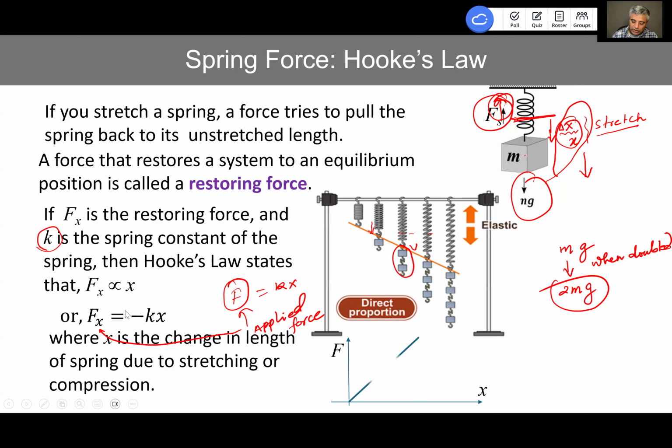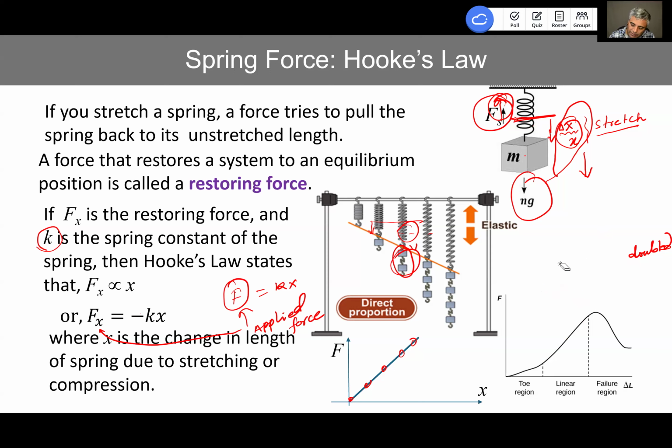So when we do this kind of experiment, we can carefully measure this stretch and how much force we are applying and make a plot of that. If we do that, we get a straight line trend, okay? And the slope of that straight line gives you the spring constant. So you can actually calculate the spring constant of a spring by designing a very simple experiment like this. Okay. So that's Hooke's law, folks.